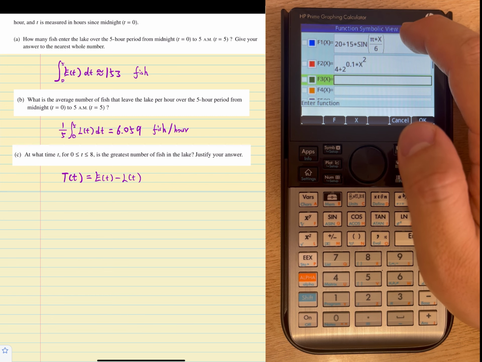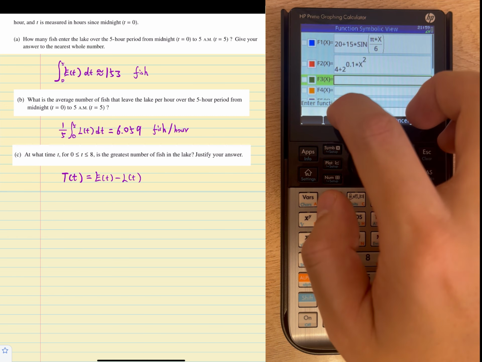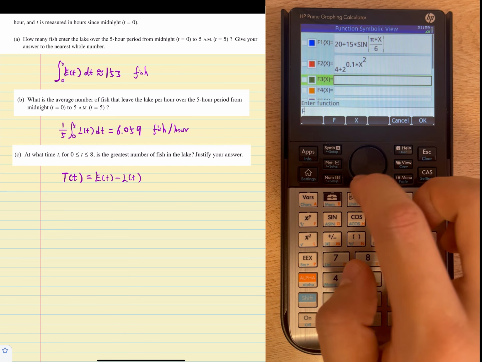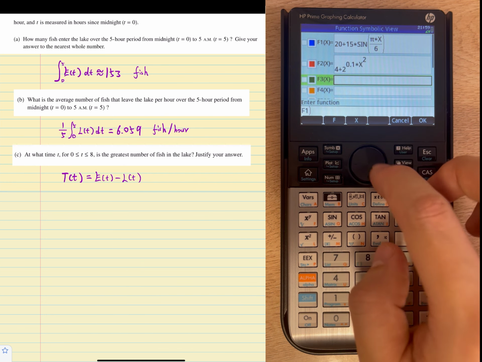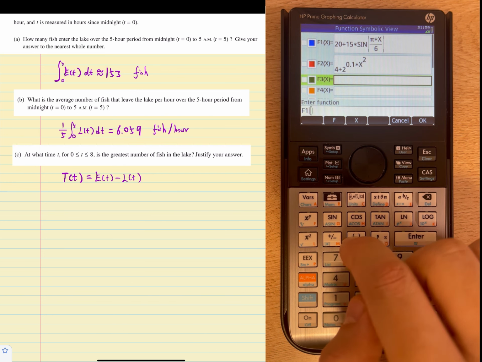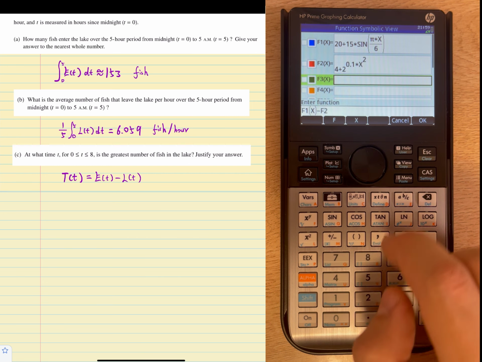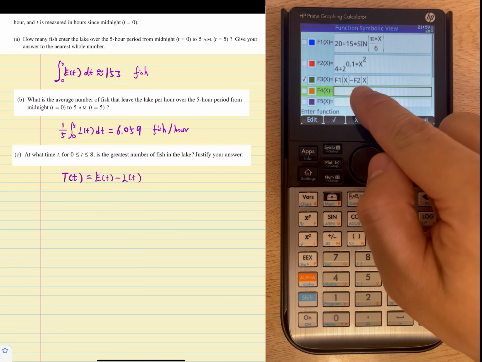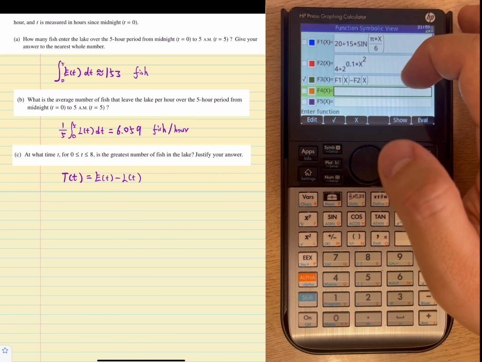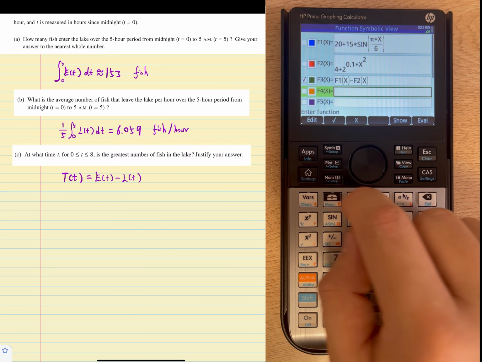The first one is E(t), the second one will be L(t), so the third one I can just write as function 1 of x minus function 2 of x. So we can just find our third function, the T(t) of this one.